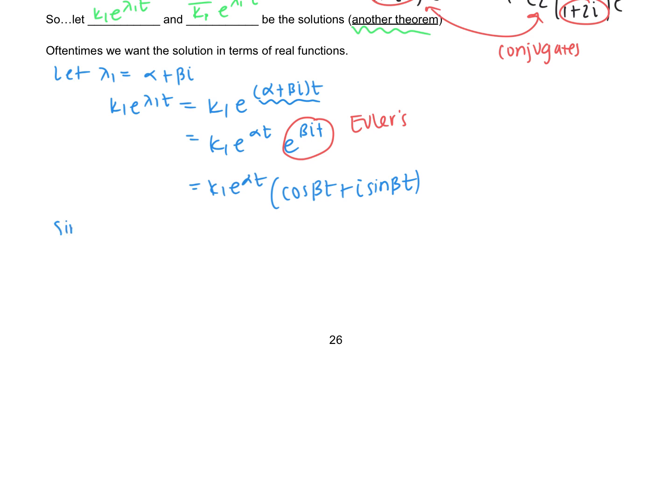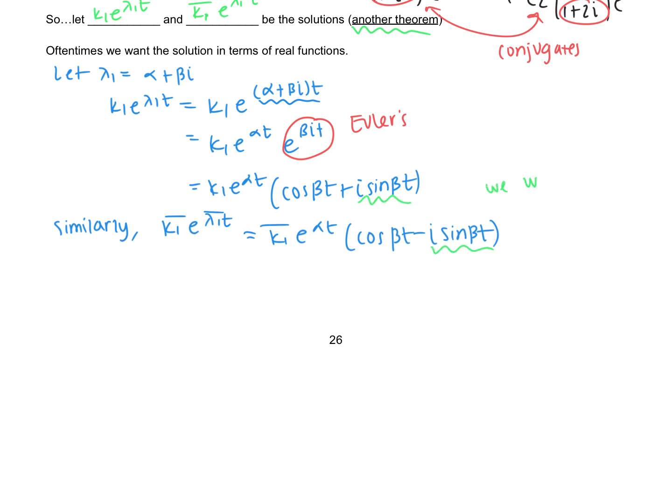Similarly, if we look at the conjugate of e to the conjugate of t, it's just k1's conjugate. That gives us the conjugate of e to the alpha t, and we will get cosine of beta t subtract i times sine of beta t. Okay, this looks a little bit better, but we still have these imaginary terms.